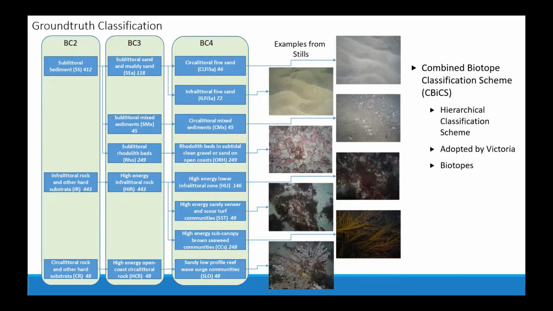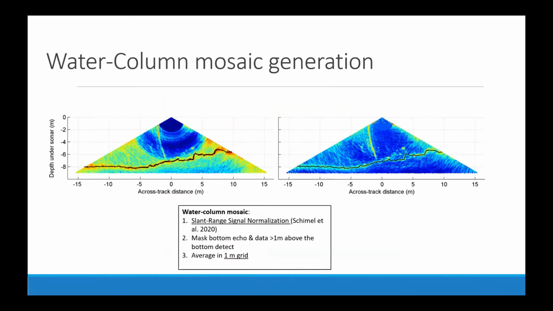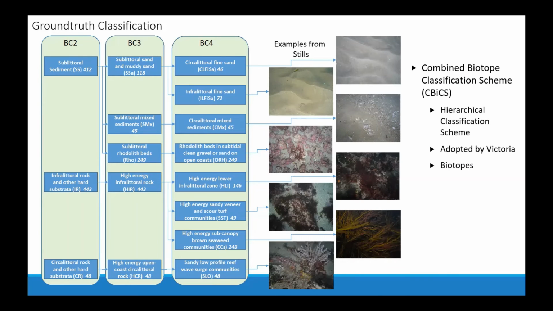And here are just some stills collected from our ground truthing surveys, with most emphasis on high energy subcanopy brown seaweed communities, which are dominated mainly by Ecklonia radiata.